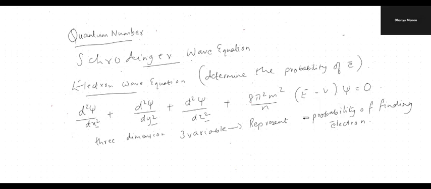Okay, and these 3 variables represent the 3 quantum numbers. Actually, there are 4 quantum numbers, but first we will be talking about the 3 quantum numbers.